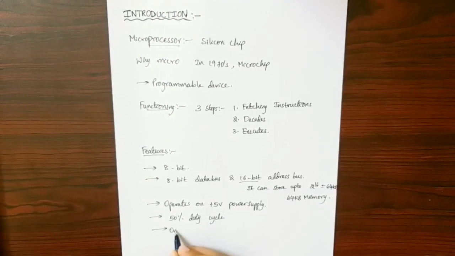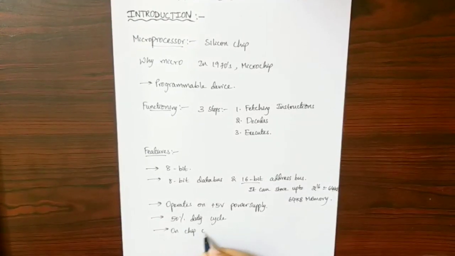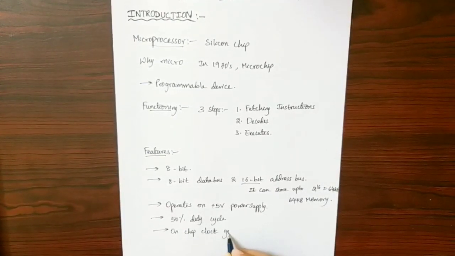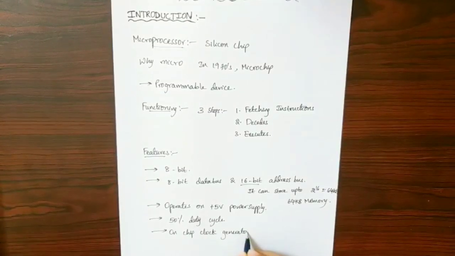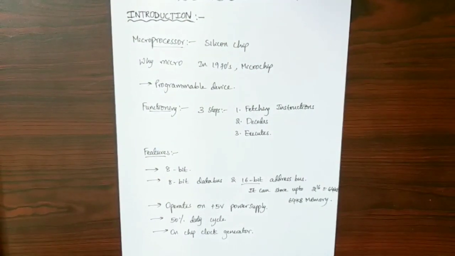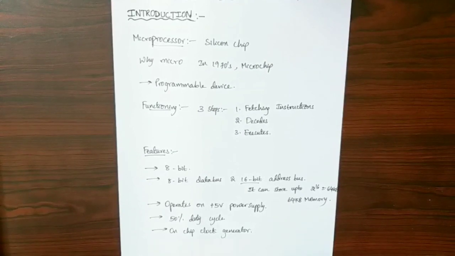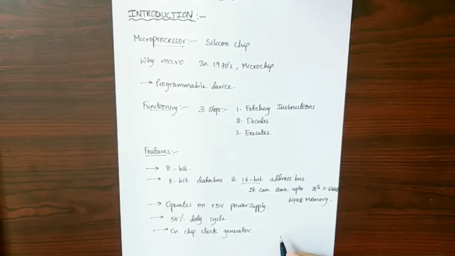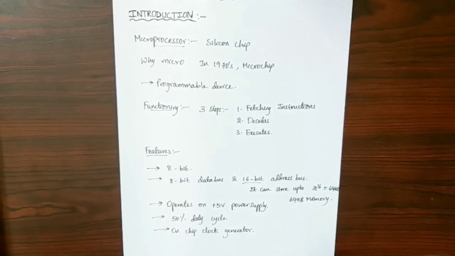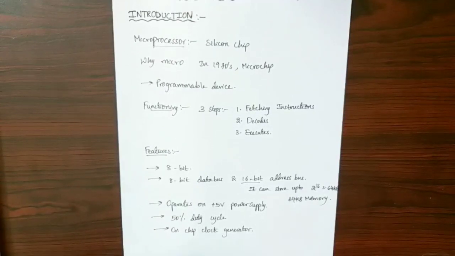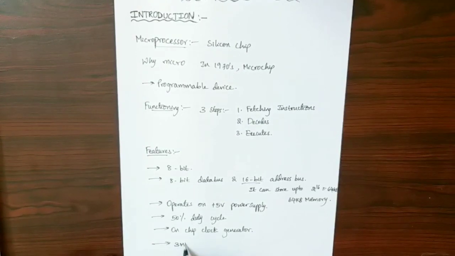It has an on-chip clock generator. This internal clock generator requires a tuned circuit like LC, RC or a crystal. The internal clock generator divides the oscillator frequency by 2 and generates a clock signal, which can be used for synchronizing external devices. It can operate with a 3 MHz frequency.